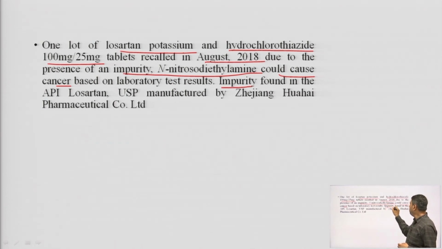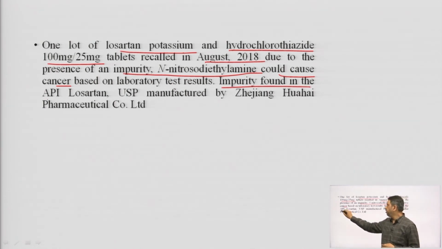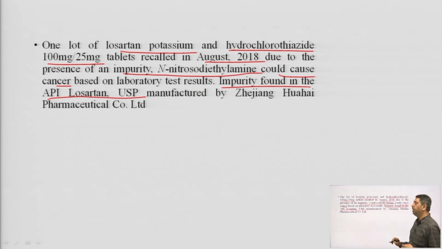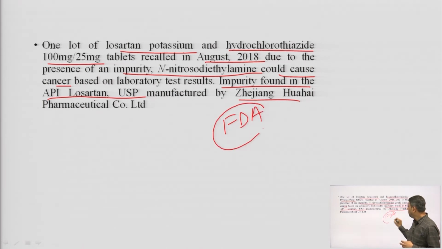This impurity was found in the API of losartan USP manufactured by this manufacturer. In this case, the US regulatory agency FDA asked the company to withdraw their product, and this kind of recall is basically a class 1 recall.